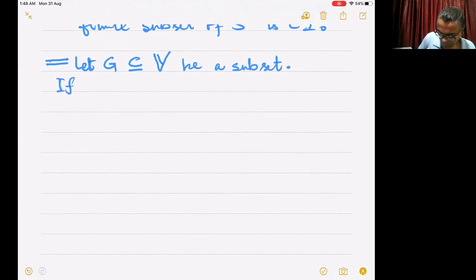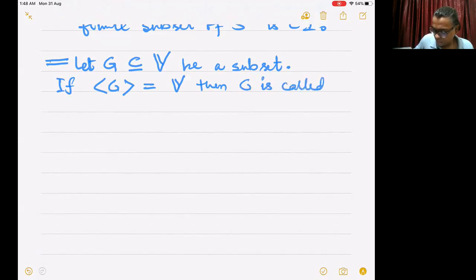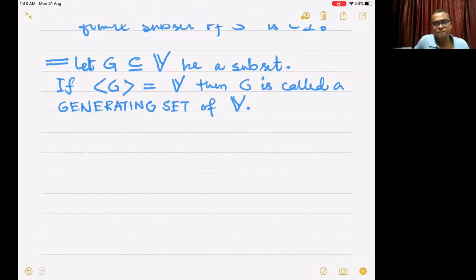If G spans all of V, then G is called a generating set of the vector space V. That's the definition of generating set.